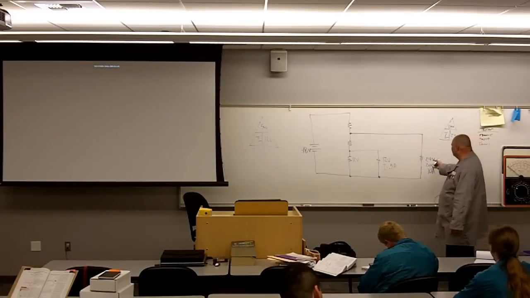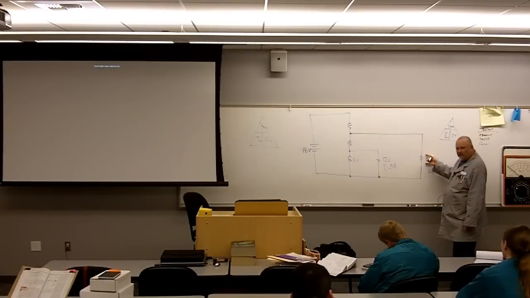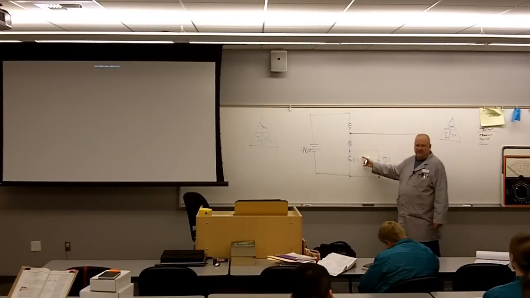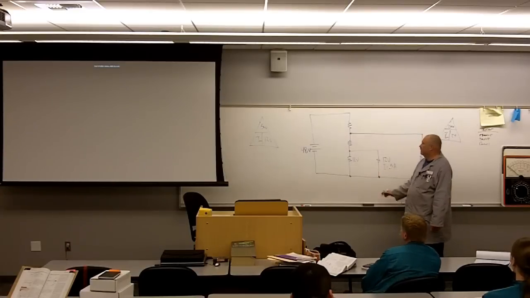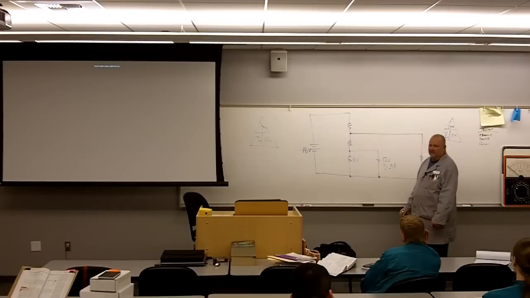And by the way, if I want 24 volts here, and I am getting this voltage across these two resistors, what voltage must I be dropping across this resistor right here? How much? 12.